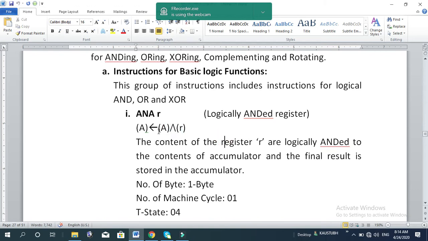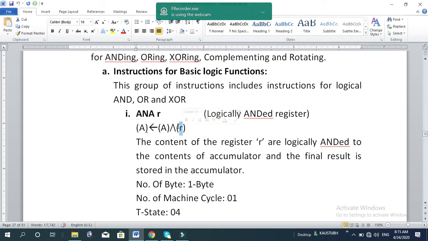So the content of the specified register R, this R can be again the same as in the previous cases: A, the accumulator, or register B, C, D, E, H, or L.